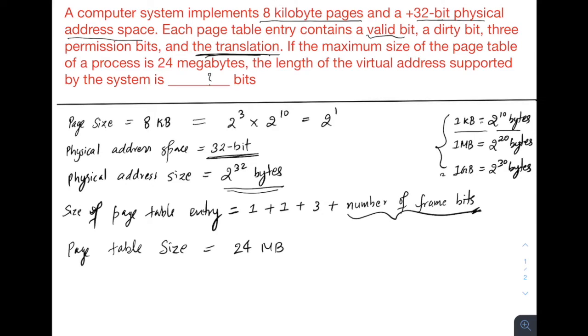So this will equal 2 power 13 bytes. The physical address size is already in bytes. The page table size is 24 into MB, which is 2 power 20, so this will be equal to this many bytes.